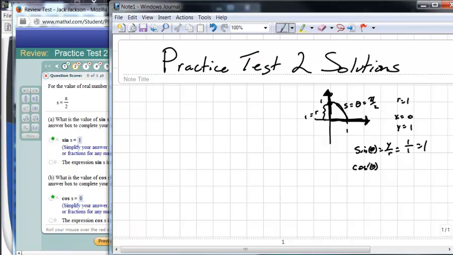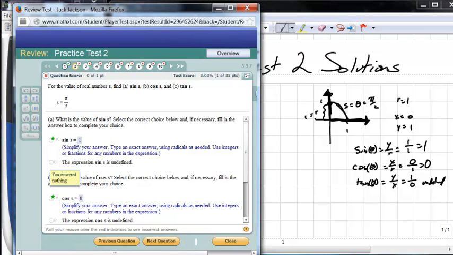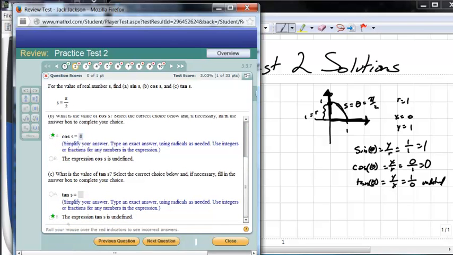Cosine of theta is x over r, which is 0 over 1, which is 0, and tangent of theta is y over x, which is 1 over 0, which is undefined. So sine of s is 1, cosine of s is 0, and tangent of s is undefined.